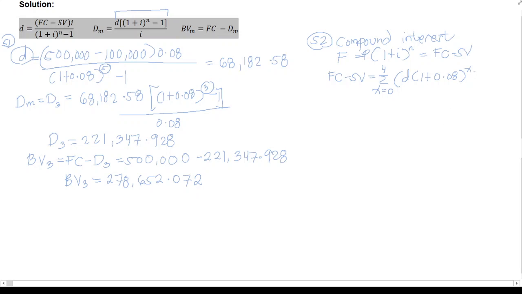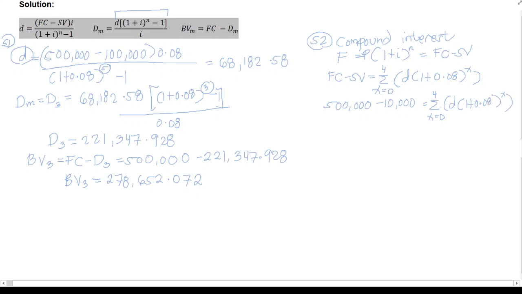Okay, so for the value of FC here, that is 500,000 minus the salvage value, which is 10,000, is equal to the summation of the years, until the fourth year, multiplied by the present worth, which is the depreciation, 1 plus the interest rate, raised to x.